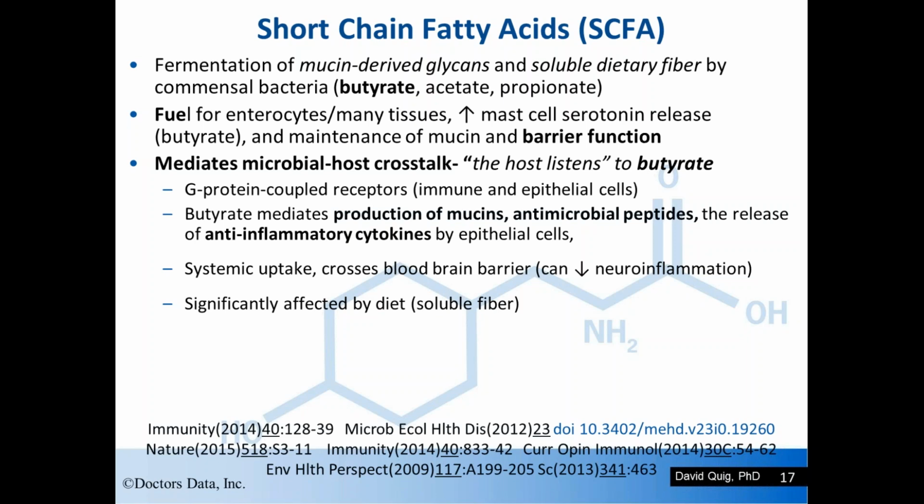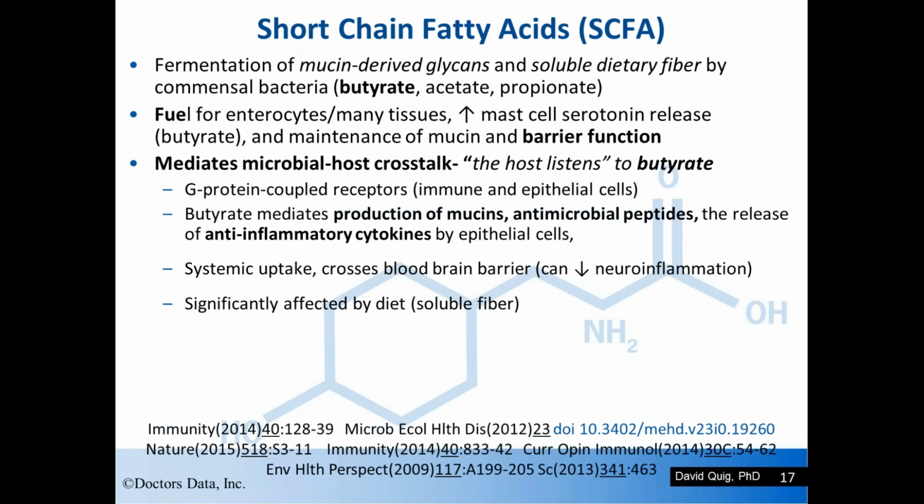Those short-chain fatty acids, of course, are primarily butyrate, acetate, and propionate. These short-chain fatty acids are fuel for enterocytes and many other tissues, and butyrate in particular increases the mast cell serotonin release. And the short-chain fatty acids are essential for maintenance of mucin and barrier function.